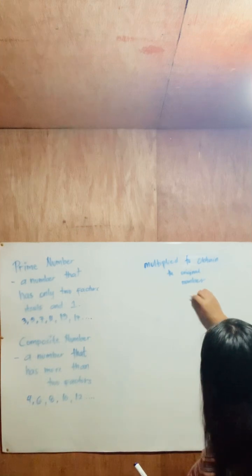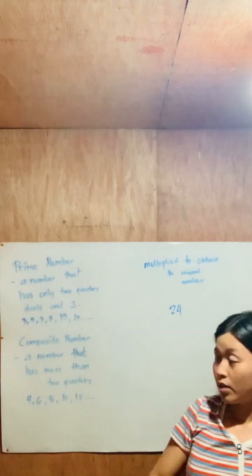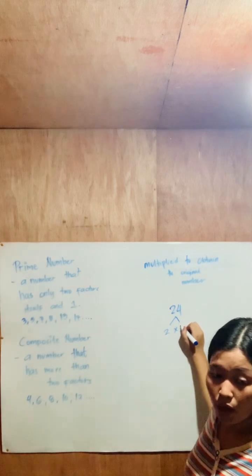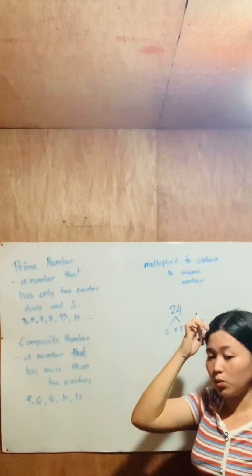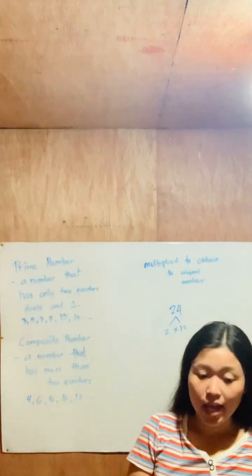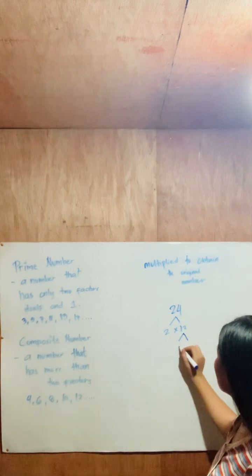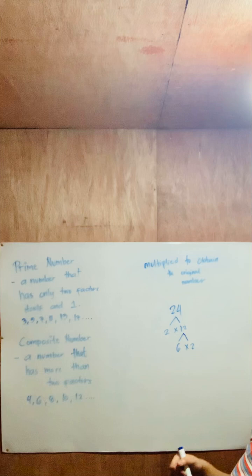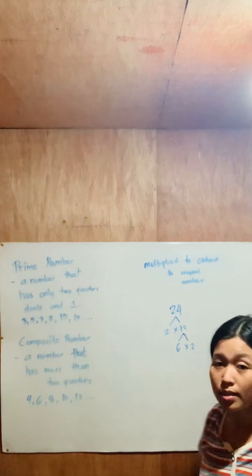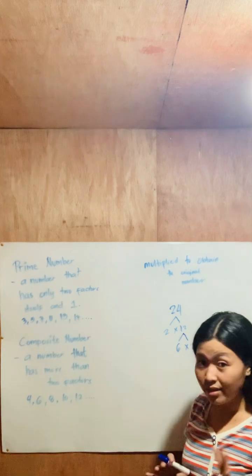So how about 24? For 24, we have 2 times 12. 2 times 12 is equal to 24. Then, for 12, we can break it down into 6 times 2. So 6 times 2 is equal to 12. Since the 2s are prime numbers, we are done there.